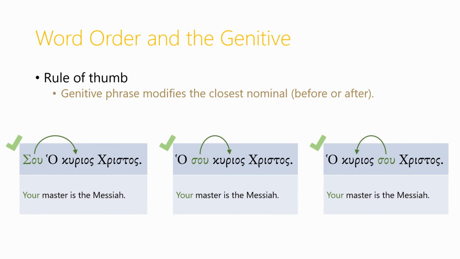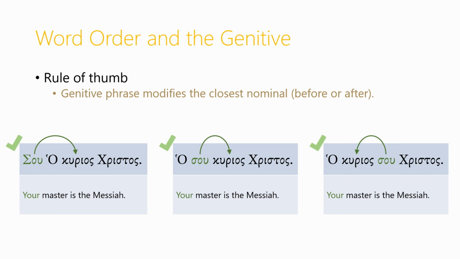Much better, then, would be any of these three word orders. We could say sou kurios Christos, and then kurios comes between sou and Christos, and it's the natural choice to be modified by sou. Or we could say ho sou kurios Christos, and that makes it very clear that the genitive is modifying kurios because it's coming between the definite article and its noun, so it must be modifying that noun.